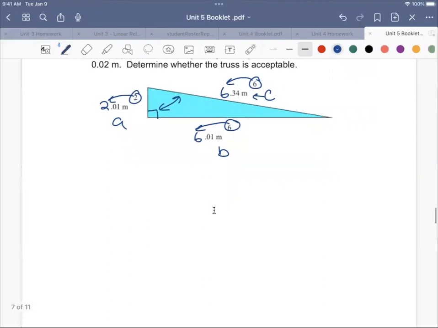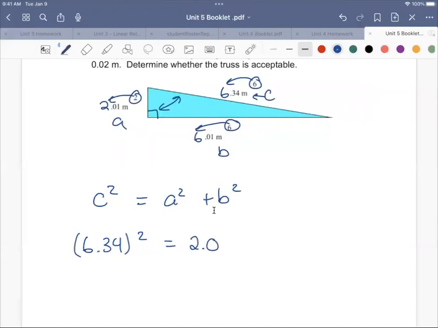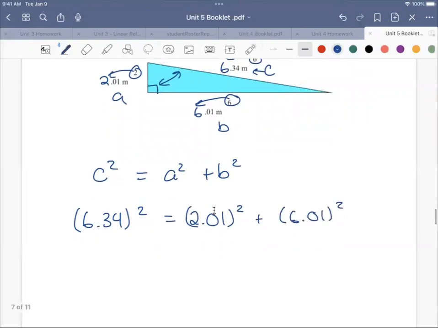So when I'm doing this, I'm going to have C squared is equal to A squared plus B squared. C squared is 6.34 squared is equal to 2.01 squared plus 6.01 squared. And then I'm just going to take a look and make sure that that equation actually works out.